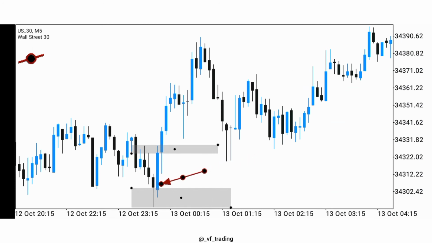Here is your bullish engulfing candle. This big candle engulfs the previous bearish candle. Your stop loss will be placed below the wick and your entry at the close of the candle.